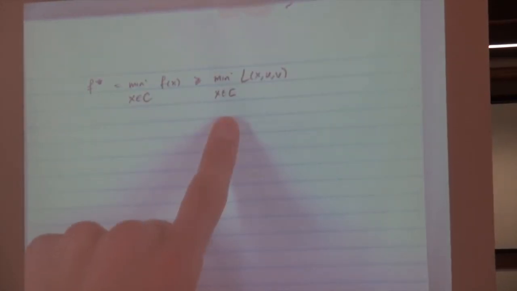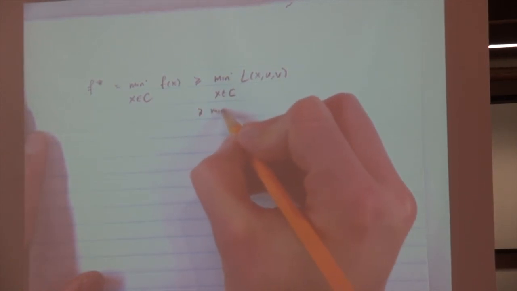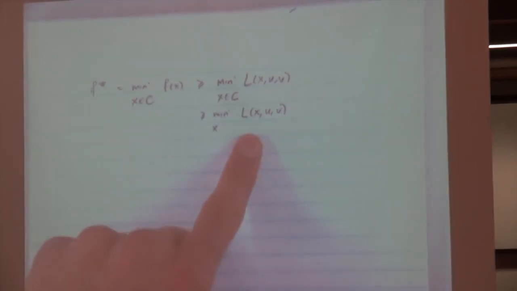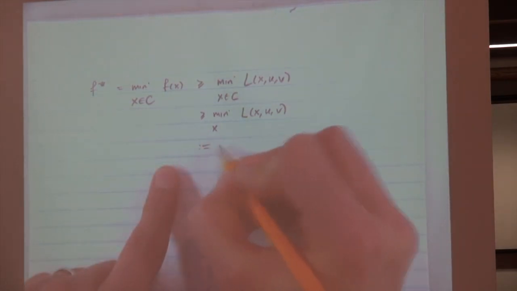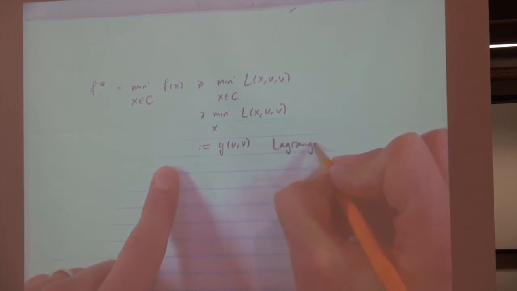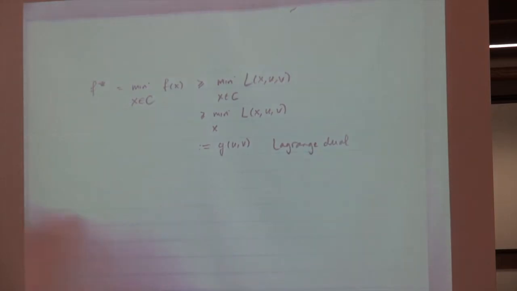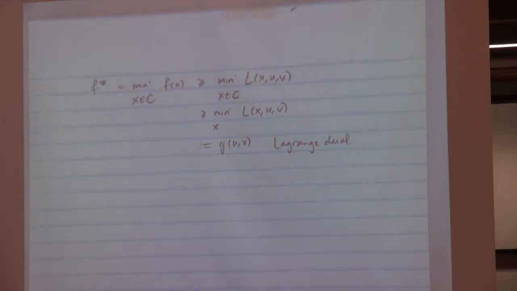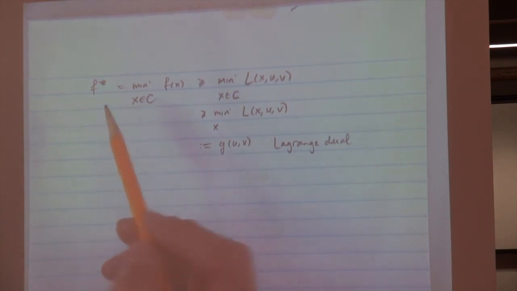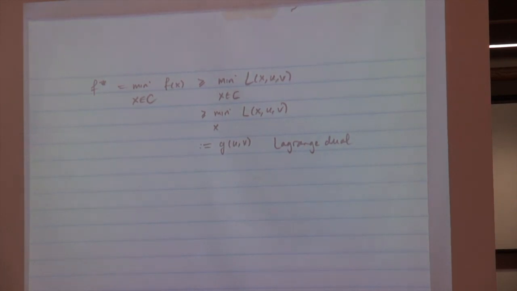Then we have this inequality, and we're going to further relax the minimization to be over all x unconstrained. It gives us only something that can be smaller, because we've made the domain of minimization bigger, and that's defined to be the Lagrange dual function. So for any feasible u and v, the function g of u, v is smaller than or equal to the optimal primal value by construction. Again, just from this simple construction of dual variables multiplying constraints.